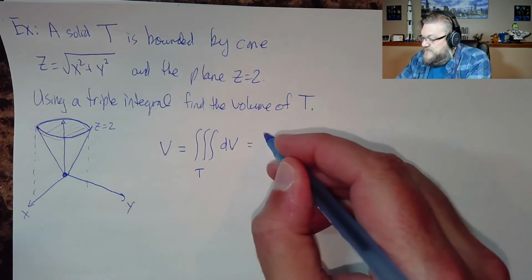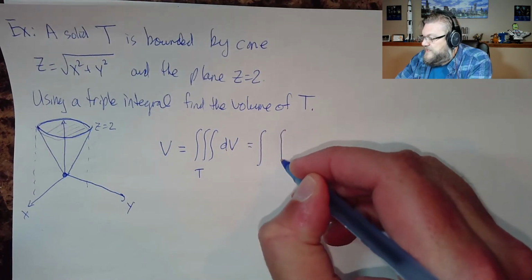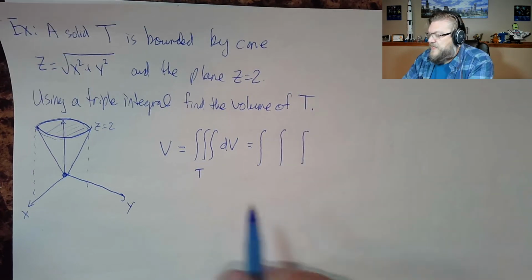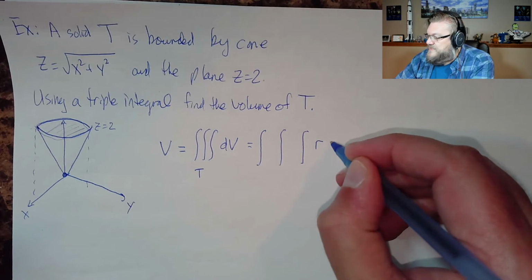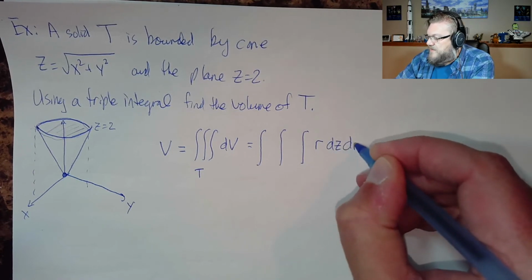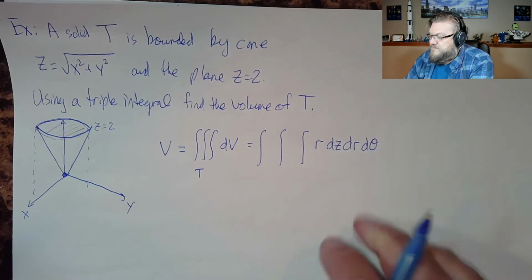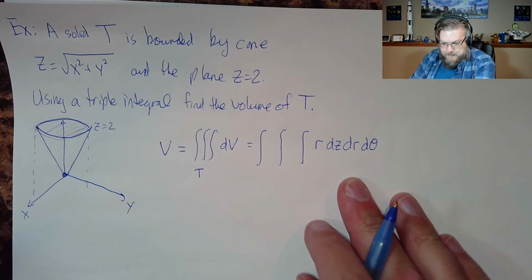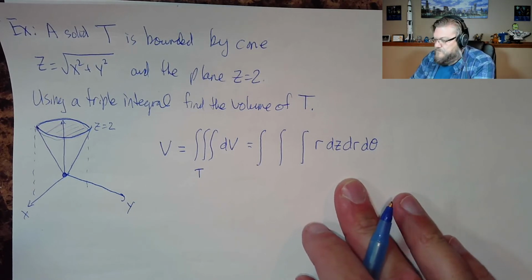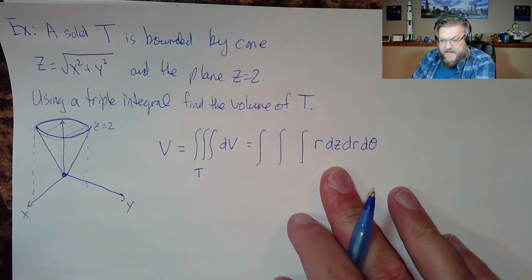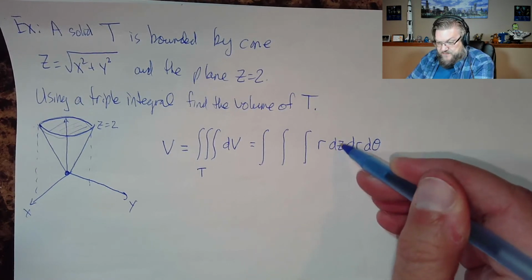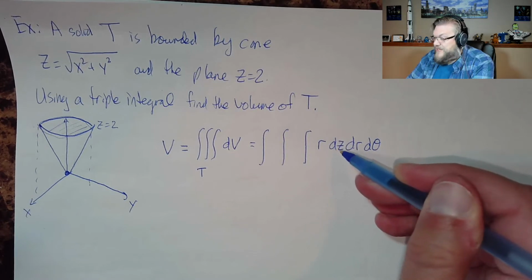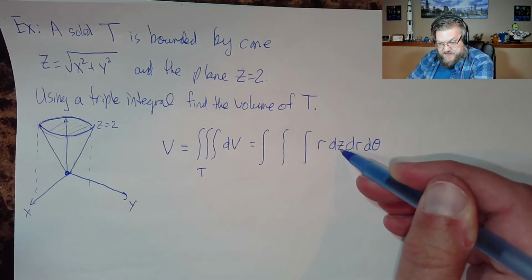What I'm going to say here is that this is going to be the integral of the integral of the integral. We replace dV with what it's equal to, which is r dz dr d theta. Now, since this first one is dz, we are going to think from bottom surface to top surface, right?